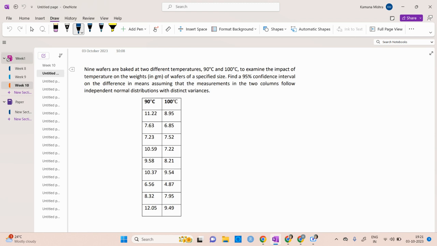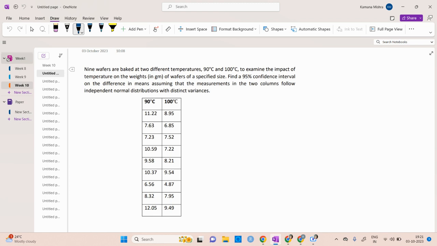It can be because of moisture, so if we are heating at a high temperature then it may change, or there can be some other reasons, but we don't need to know that. So basically, we have two temperatures and the weights are different at those temperatures. So we want to find the 95% confidence interval on the difference in means, assuming that the measurements in the two columns follow independent normal distributions.